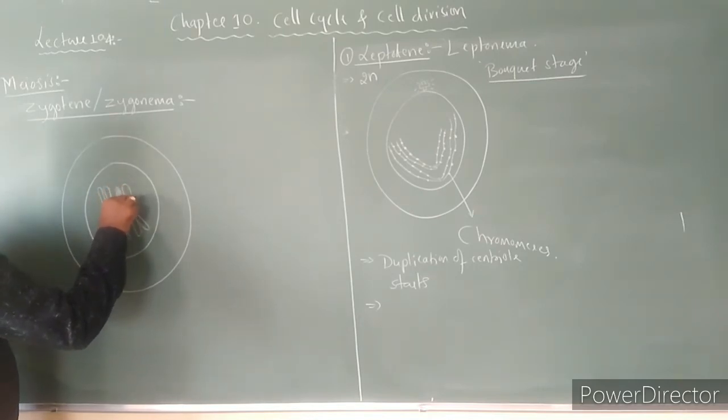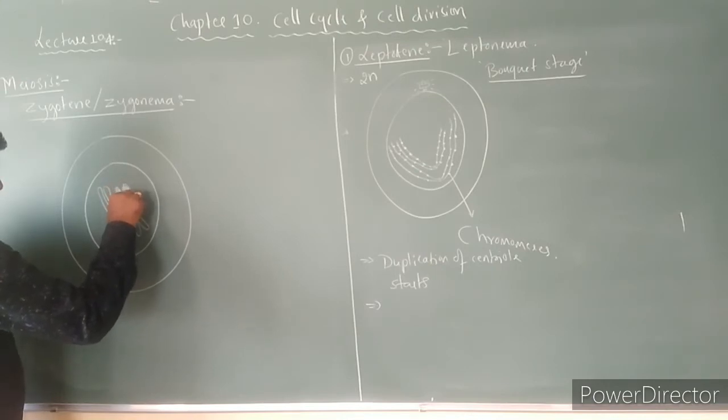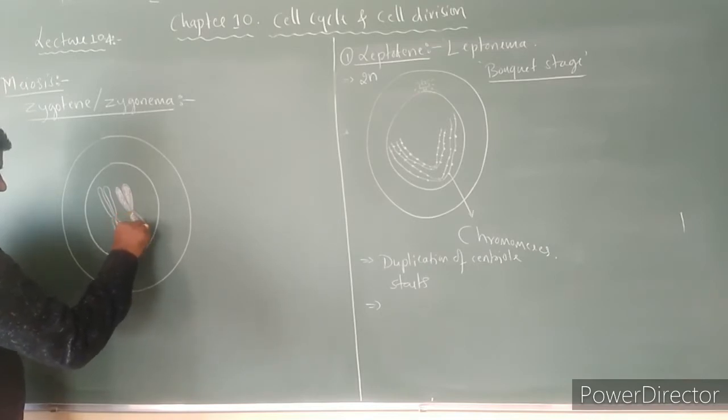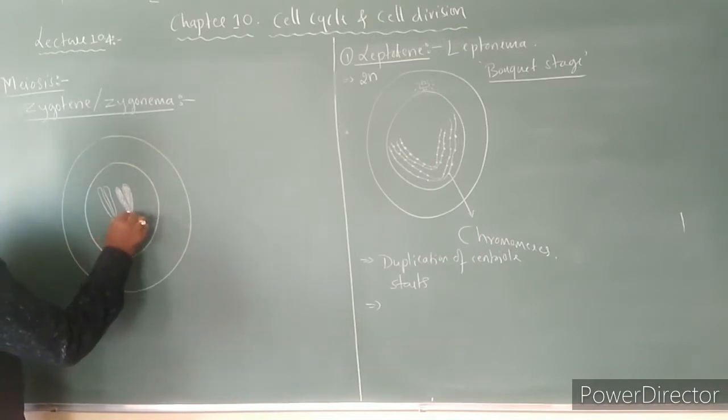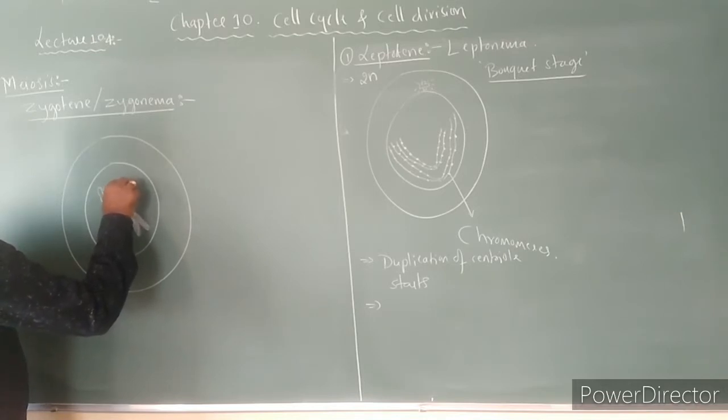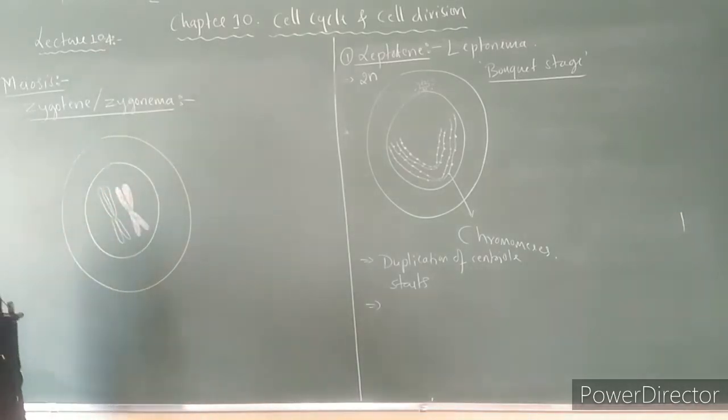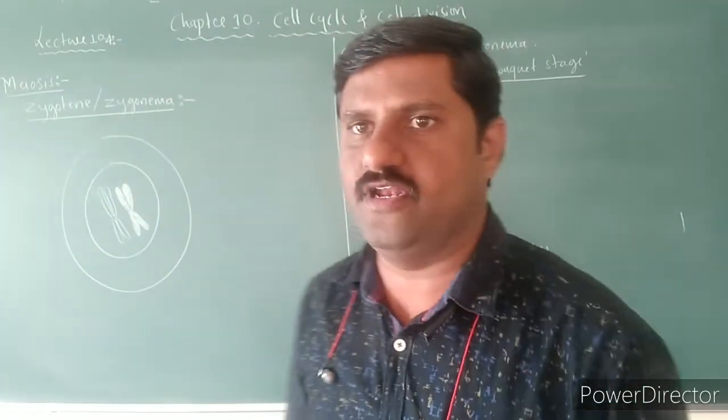To know what kind of differences we come across in these stages, I would like to shade this chromosome now. So these are 2 homologous chromosomes which are similar in their structure, morphology, etc.